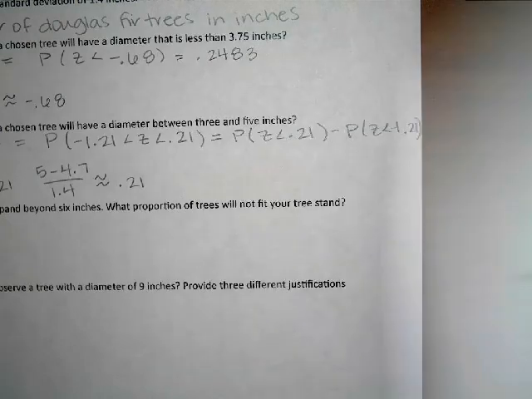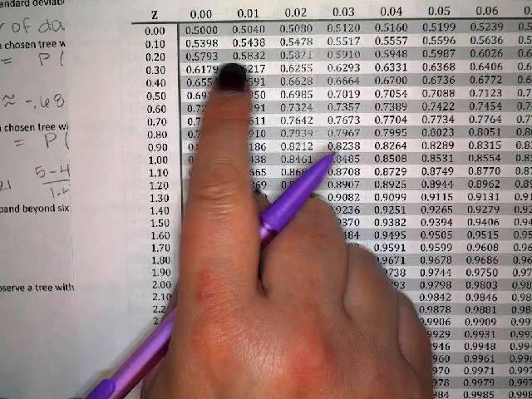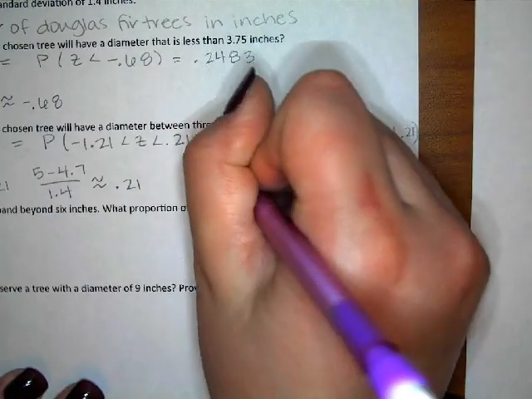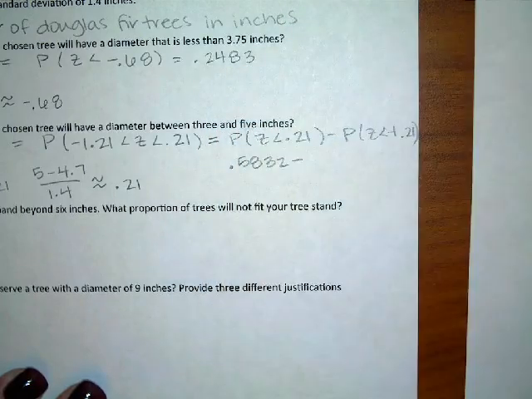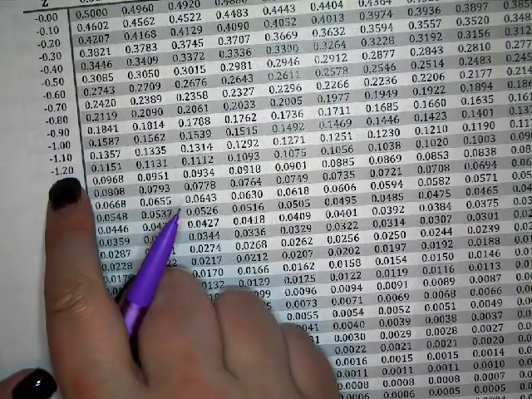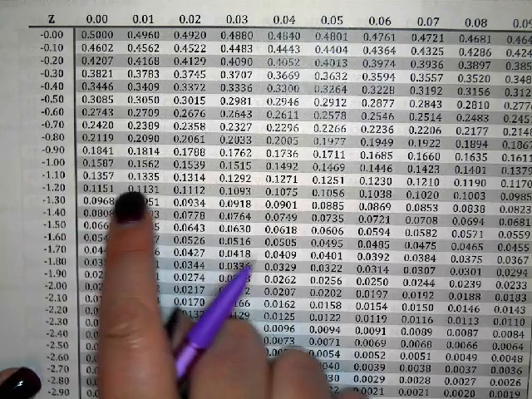Okay, so 0.21 is 0.5832. Negative 1.21 is 0.1131.